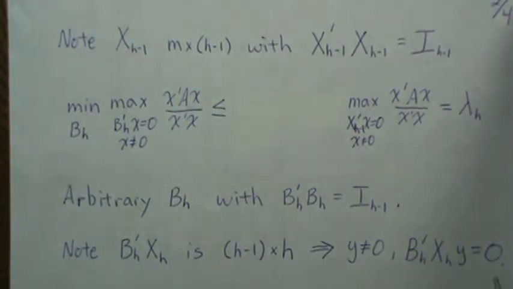Okay, so now if we look at this quantity, let's not look at the minimum piece, just look at the maximum piece of this. Now this is true for all X having the B that fits this condition. Notice here that this BH prime can act like our X vector.